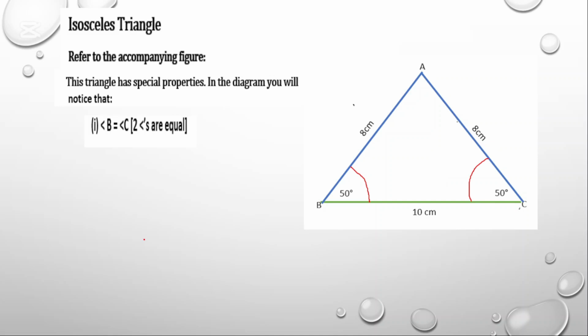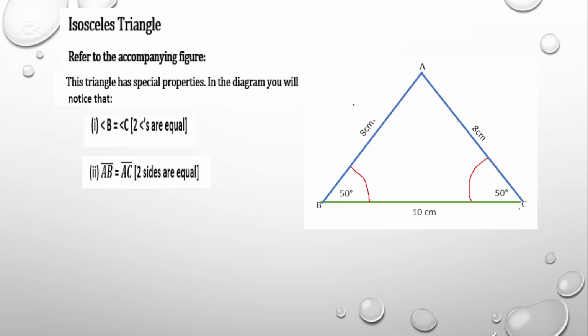So in an isosceles triangle, two angles are always the same. Then you can also look at the two sides here, AB and AC. They are the same length. So we also say in an isosceles triangle, two sides are equal.